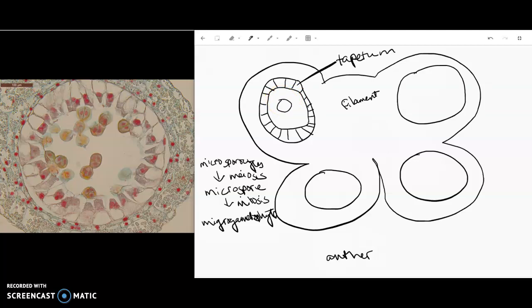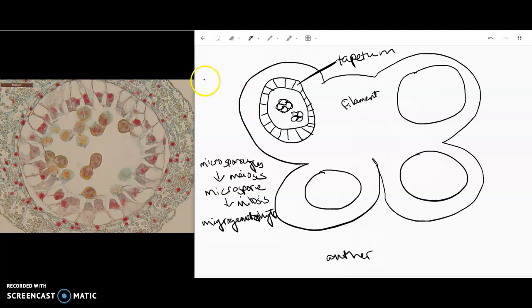And so you can see some stages where you have all 4 cells as a result of meiosis tucked together with one another, and at some point these will separate into their respective microspores and then undergo mitosis, producing those pollen grains.